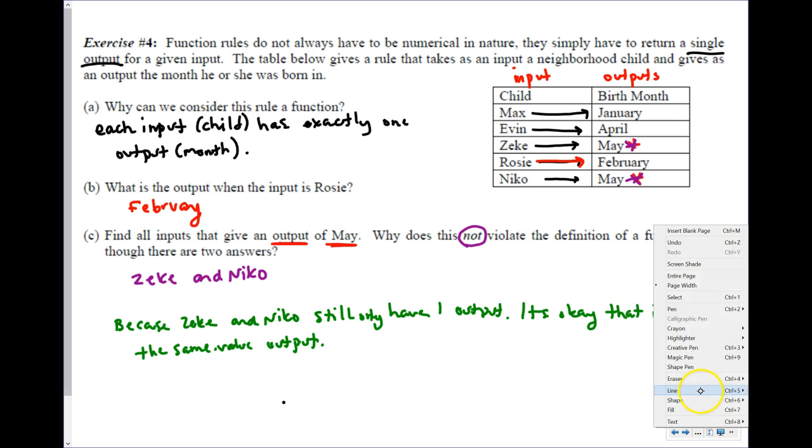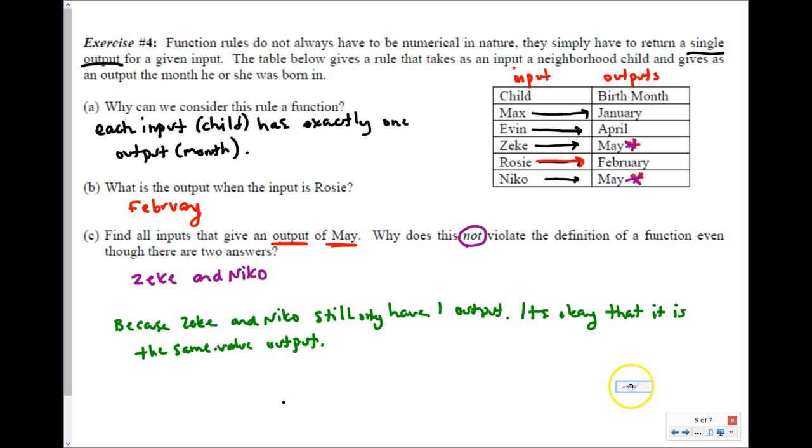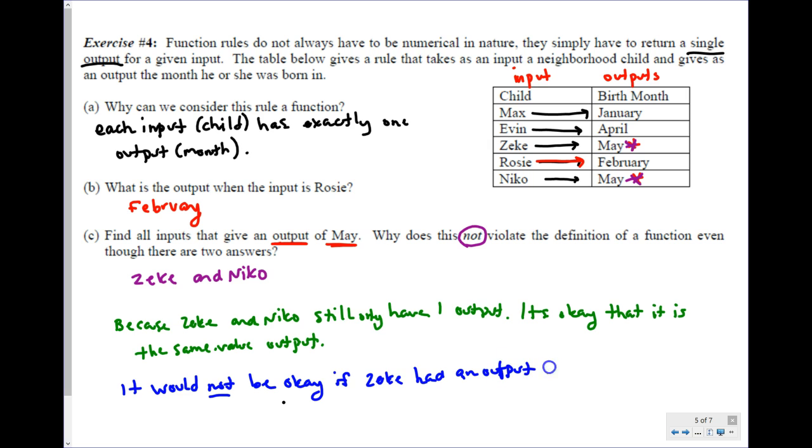So here's what wouldn't be okay. I think this will make a lot more sense. It would not be okay if Zeke had an output of May and April.